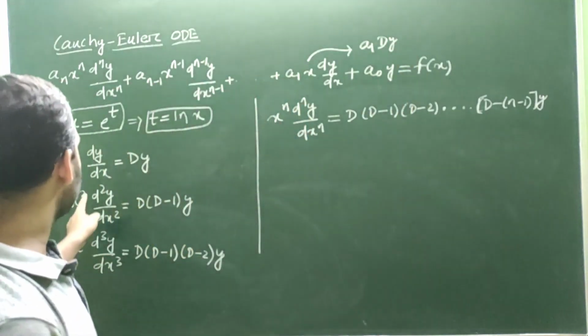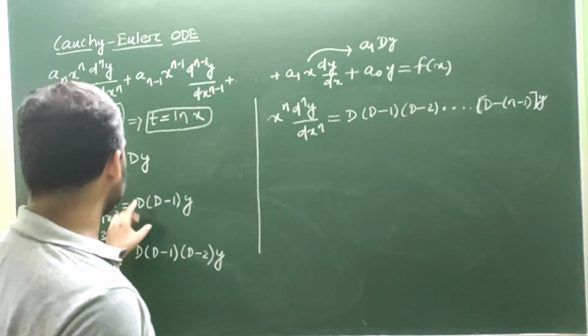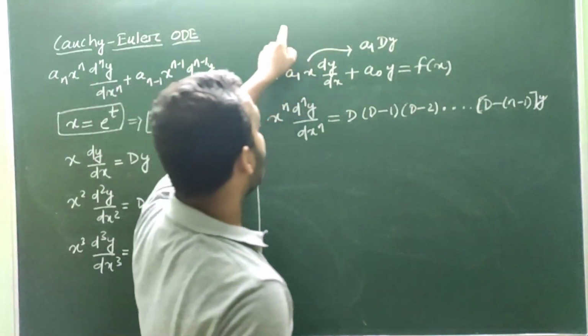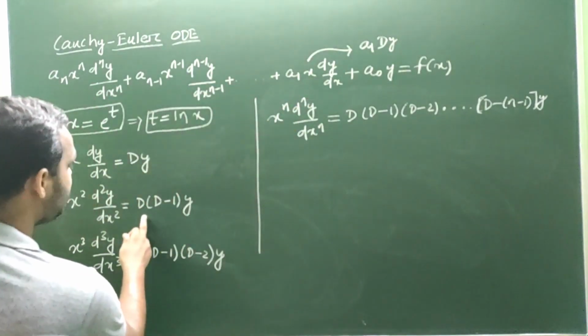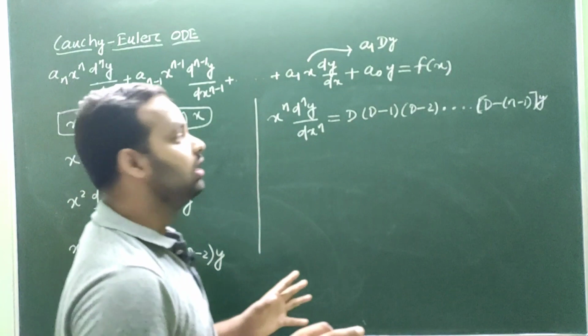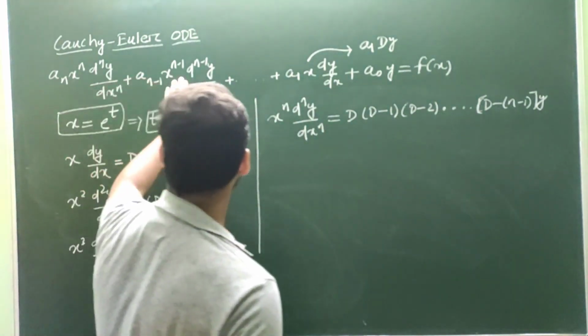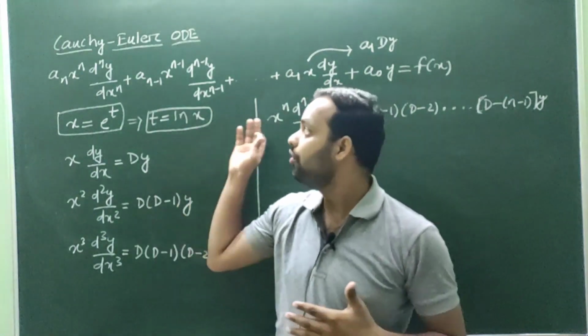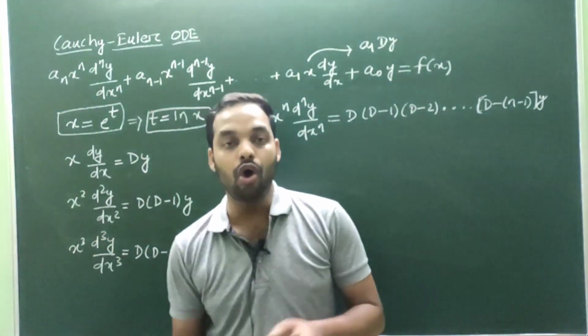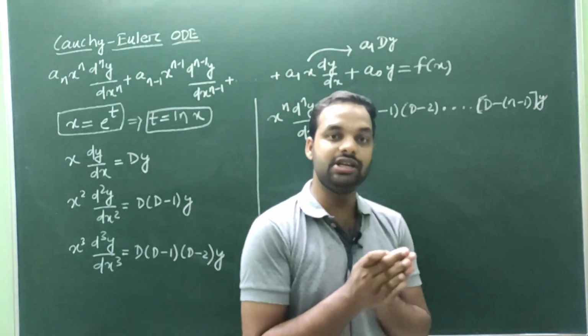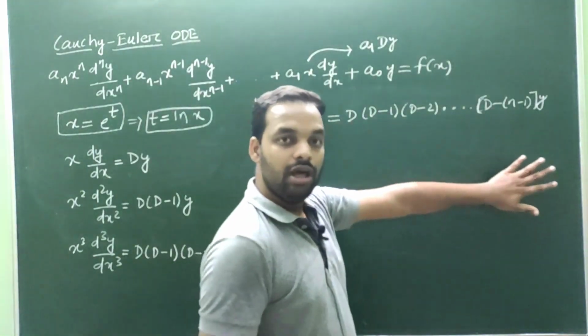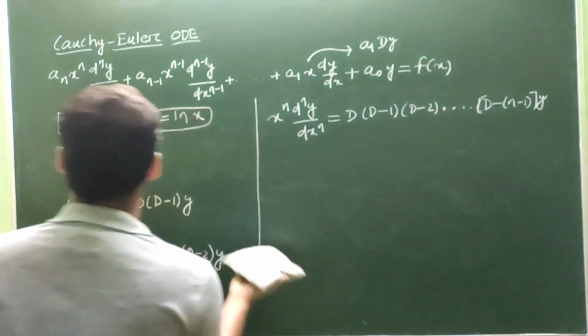Similarly, if we put x square d square y by dx square, there will be a2 into D into (D minus 1) into y. So all the variable coefficients like x power n that were associated with this ordinary differential equation are now reduced. Right? So let me take a special case here.